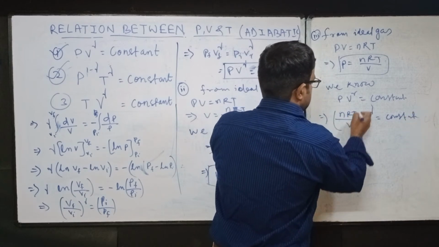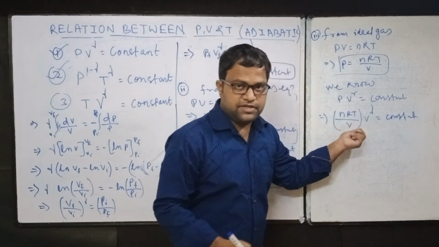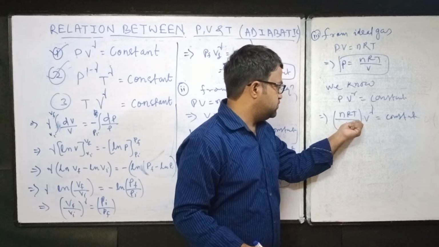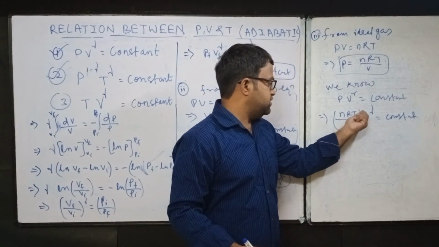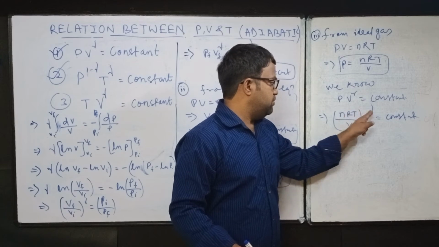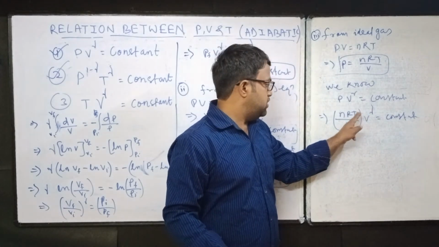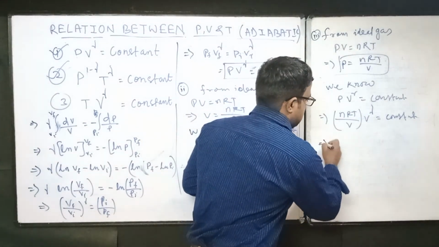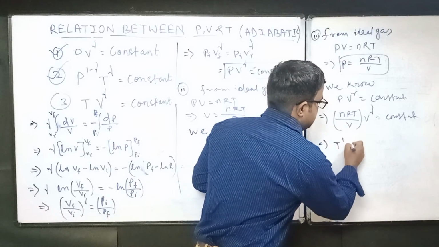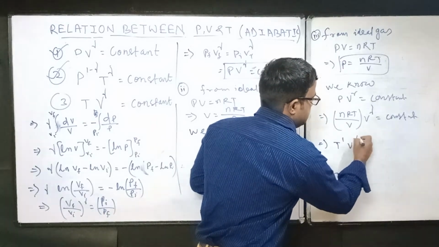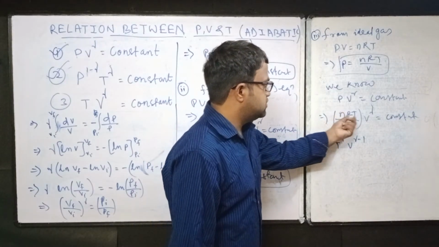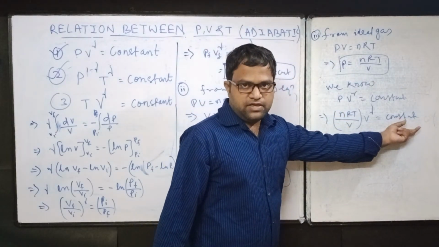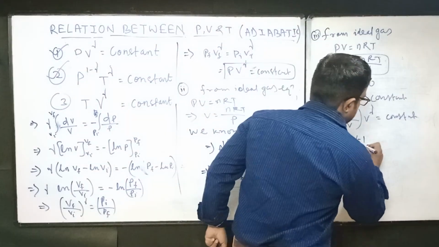Right. So V is in the denominator, this means V to the power minus 1, so it is V to the power gamma minus 1, and T to the power 1. So T V to the power gamma minus 1, and nR is a constant, we'll divide it on the right side, I'll get a new constant, which will also be a constant.